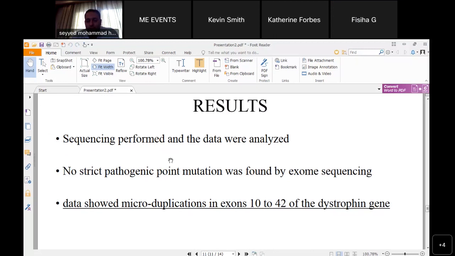The dystrophin gene has 79 exons, which makes it a big and large gene. Our data show microduplication in exon 10 to 42.